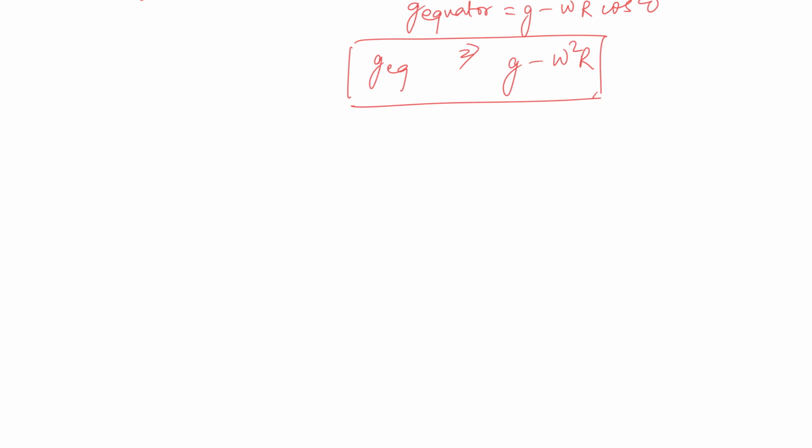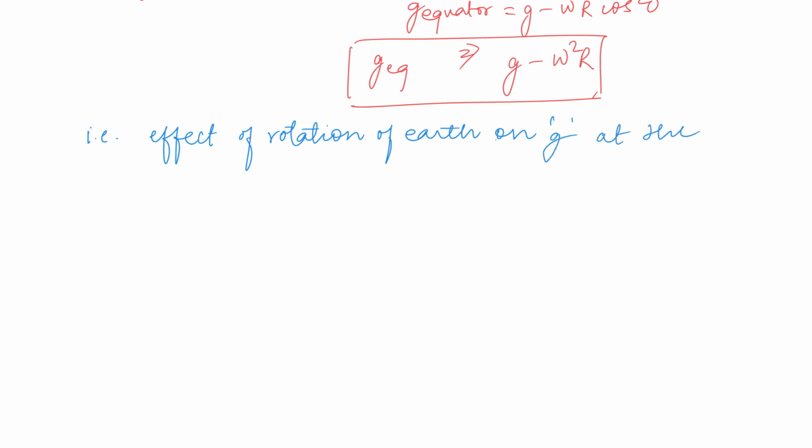So from here we can say, see the expression, the effect of rotation of Earth on small g at the equator is maximum. So the effect of rotation is maximum at equator.